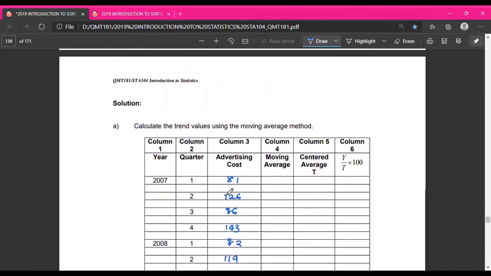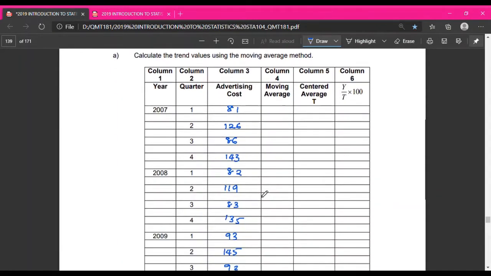Alright, so we need to find the first moving average. Add 4 and divide by 4, and put it in the middle. So here will be blank. 81 plus 126 plus 86 plus 143, and then divide by 4.